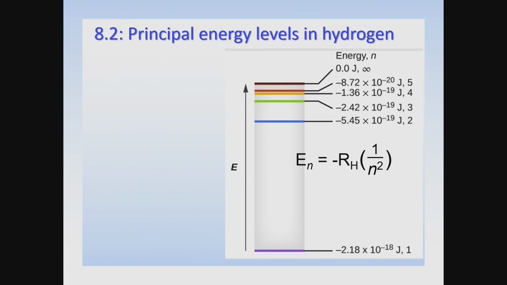And as I'm going to show you in a minute, that's actually a higher amount of energy. When you go to the third orbit, which is negative 2.42 times 10 to the negative 19 joules, that's even higher energy. And if you wanted to, you could push up the electron to orbits that are further out, and then they will have higher and higher energy.